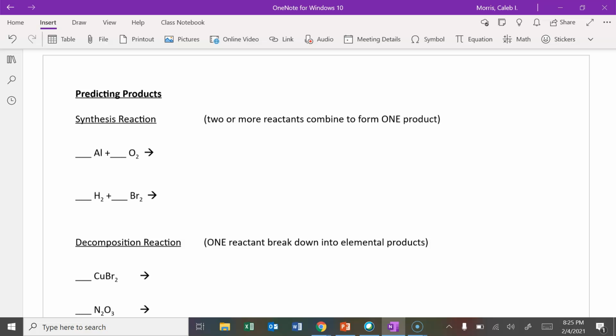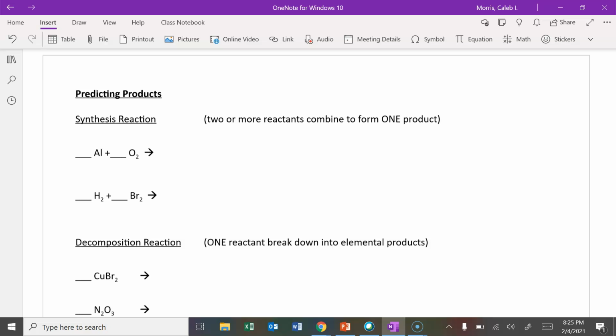It's going to be just elements. Now it may be a diatomic element like O2 here, or it may be a monatomic element like aluminum. But we're always going to give you 2 or more elements combining together if it is a synthesis reaction. So that's how you recognize that it's synthesis: 2 or more elements, no compounds.